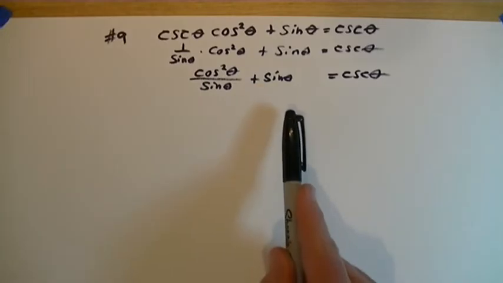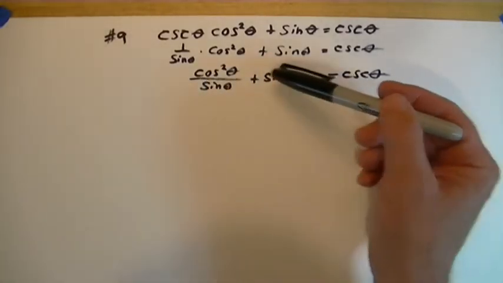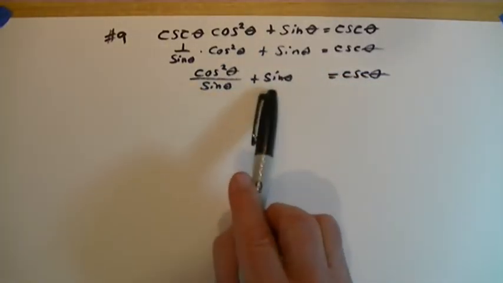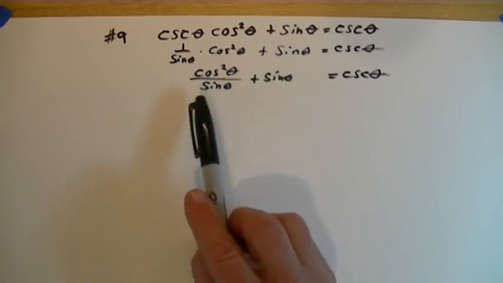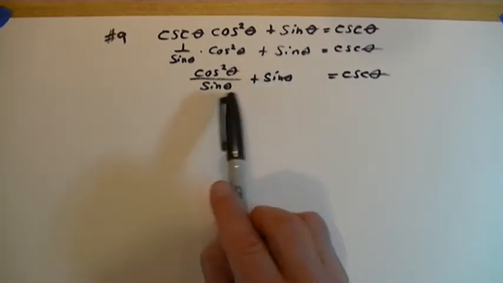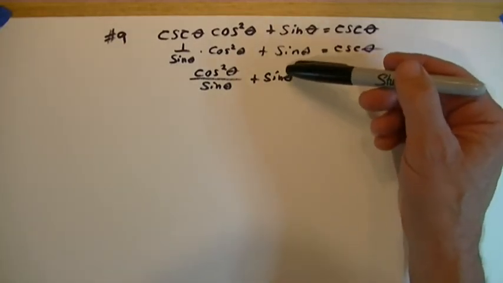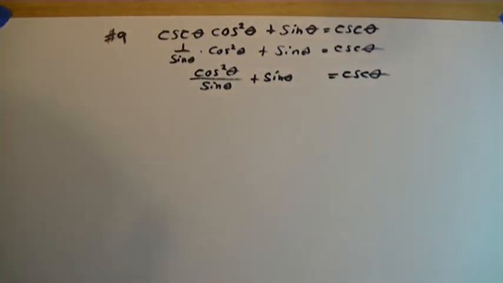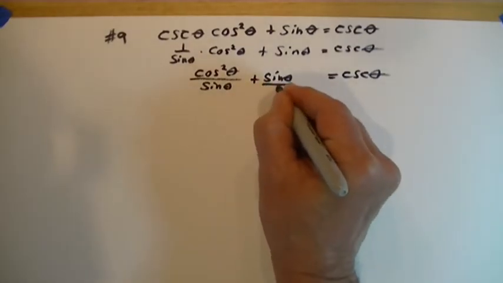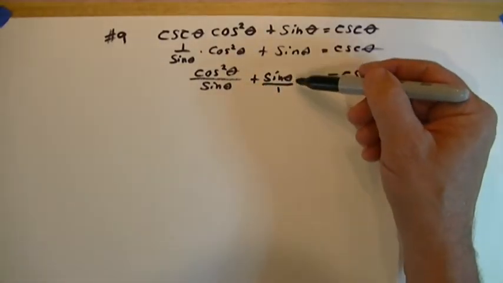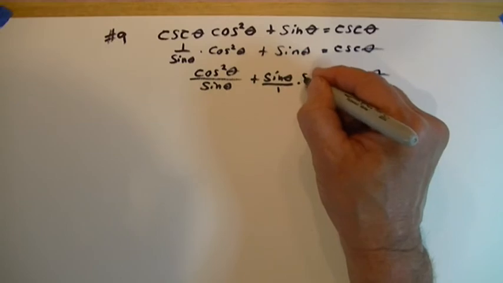However, if I wanted to combine these two things, I would need similar denominators. And to make this have a denominator of sine, I would have to multiply the top and the bottom. The sine, this is essentially sine over 1. And I'd have to multiply the top and the bottom by sine, like this.